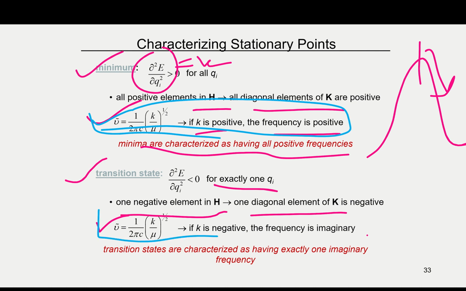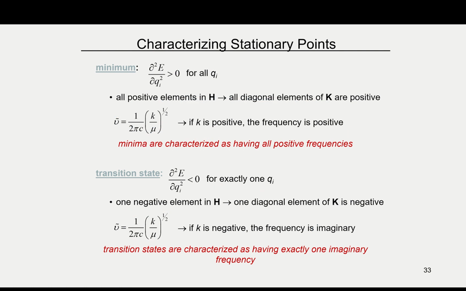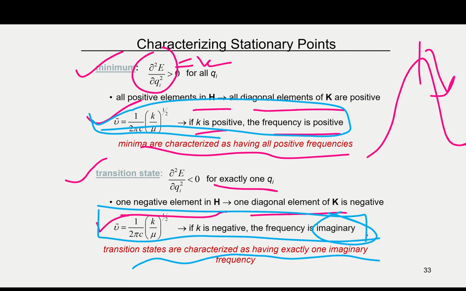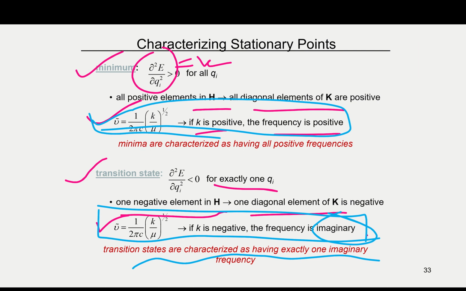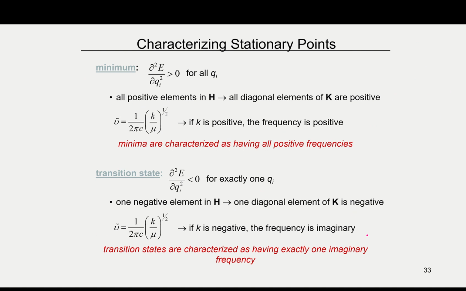Here, if K is negative, the frequency is what we call an imaginary frequency. So transition states are characterized as having exactly one imaginary frequency. If there is one imaginary frequency, that will be a transition state, and if there is more than one imaginary frequency, that will give you a higher-order saddle point.